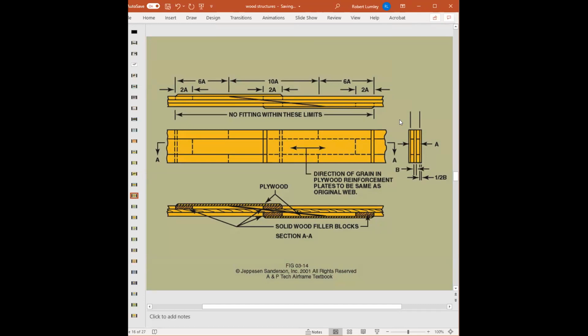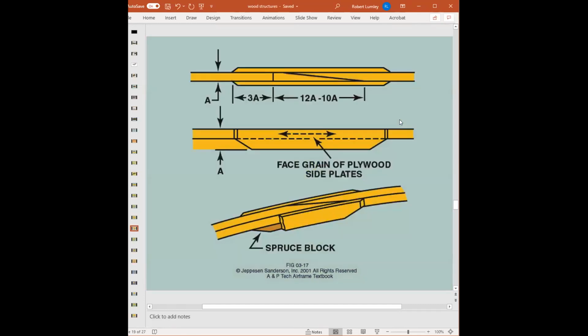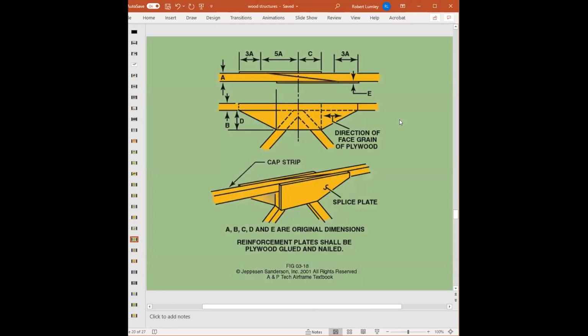But you can see that it does take a lot of work to properly do all these things. And you can see the different pictures and stuff. These are what's called the gussets, okay? Now, in this case, gussets are there because sometimes we can't avoid an end glue joint.